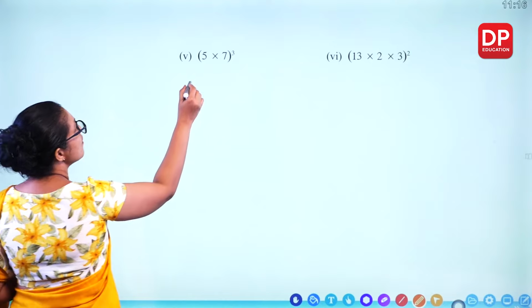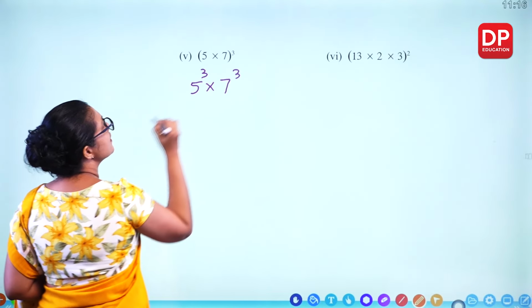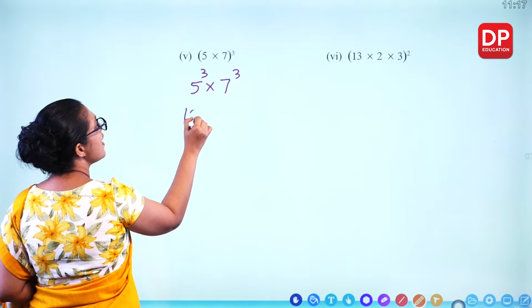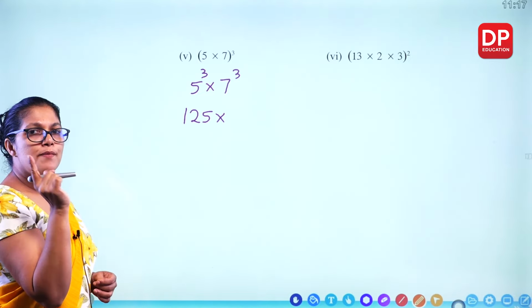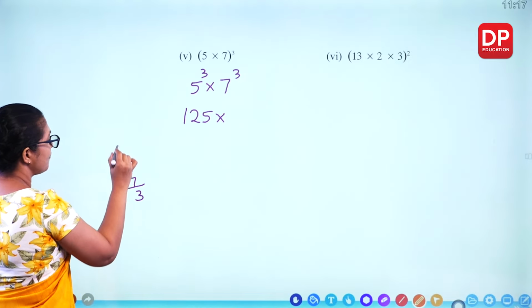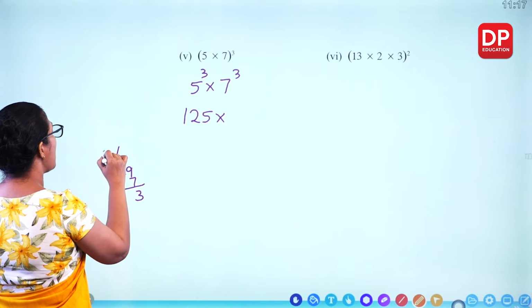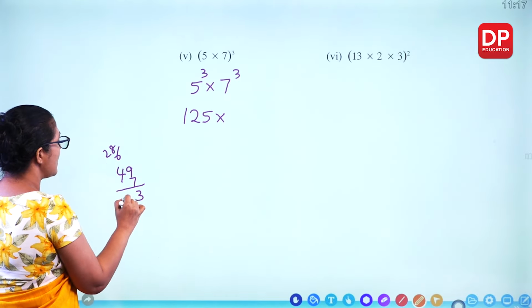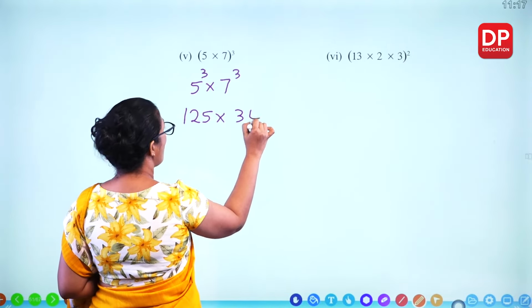This one. 5 to the power 3 and 7 to the power 3. 5 to the power 3 is 125. 7 to the power 3. 7 times 7, 49. 49 times 7. 7 times 4, 28 and 6, you get 34. So that's 343.